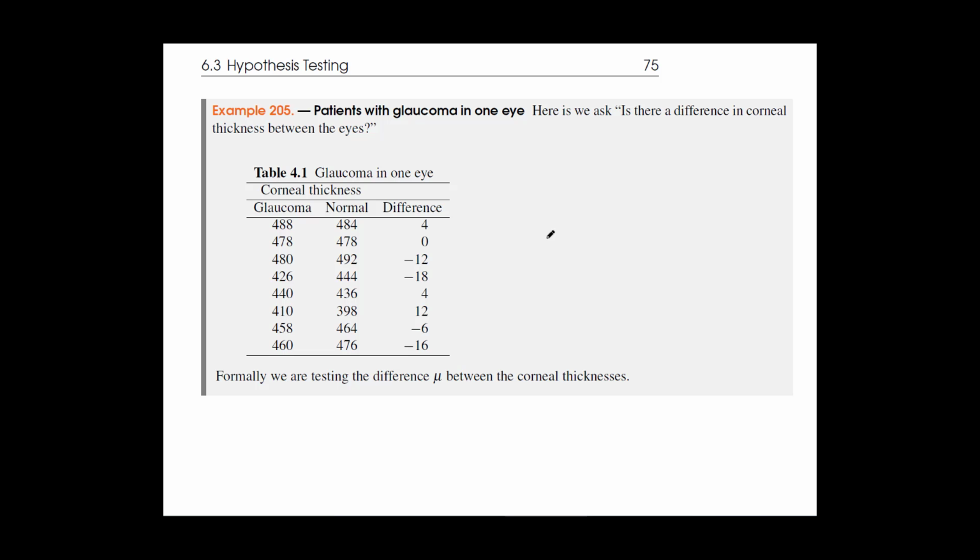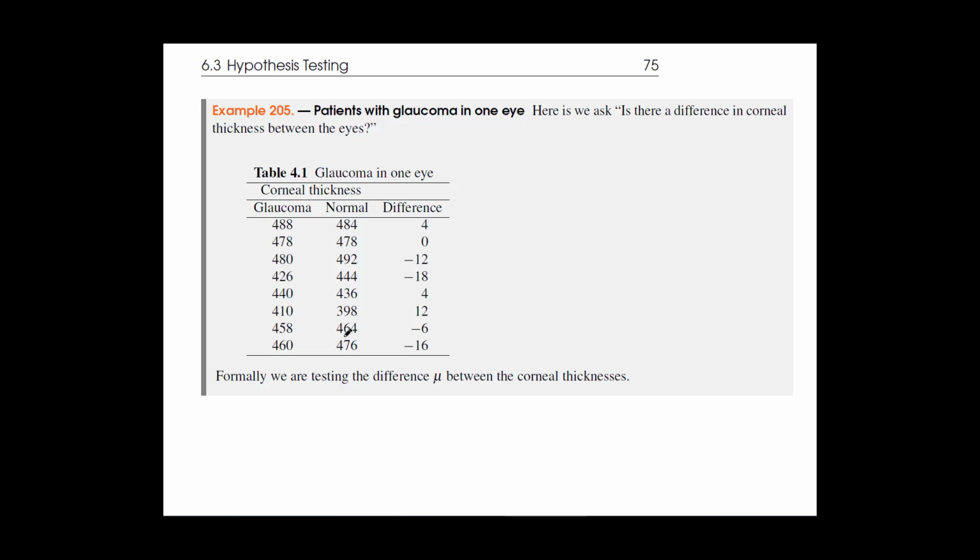Here we have two columns. The first column is the glaucoma index, I guess, from the eyes of a person. Each row would be one person and each column would be one of the two eyes. First is the eye with glaucoma and the second column is the normal eye.